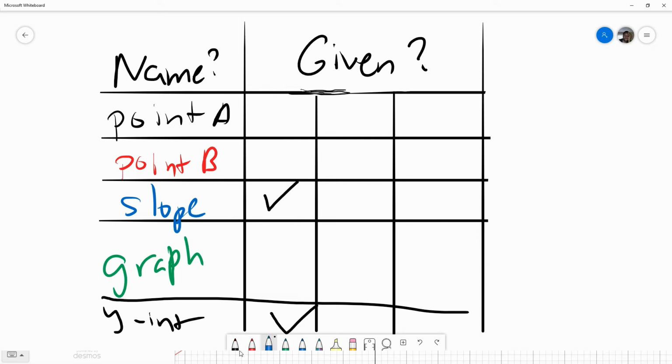Now, if you're not given the slope, as long as you have 2 points, or maybe even the graph, you can make it work.